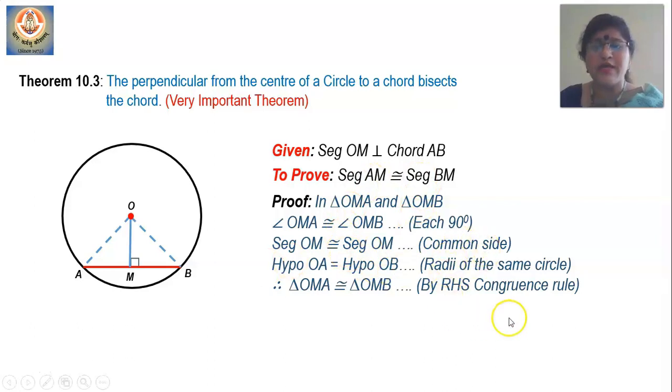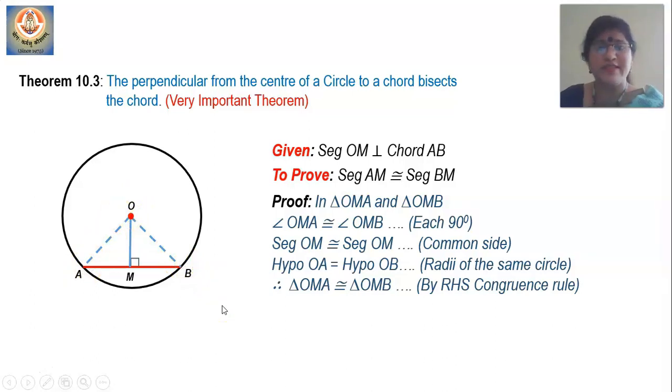So you use the RHS rule only and only if the triangle is a right angle triangle, one of the perpendicular sides is congruent, and the hypotenuse has to be congruent. So OA was congruent to hypotenuse OB.